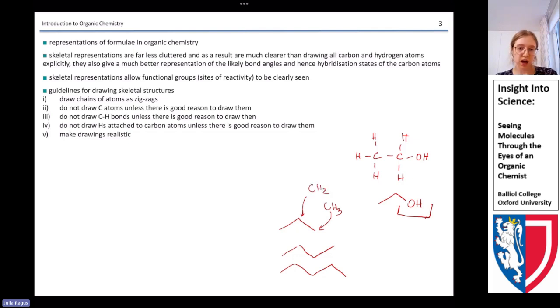It is applicable in general: when you see a carbon with 2 bonds, you assume it's a CH2. If you see a carbon with 1 bond, then it's a CH3. If it has 3 bonds, then it's a CH. And if there are 4 bonds, then it's just C.